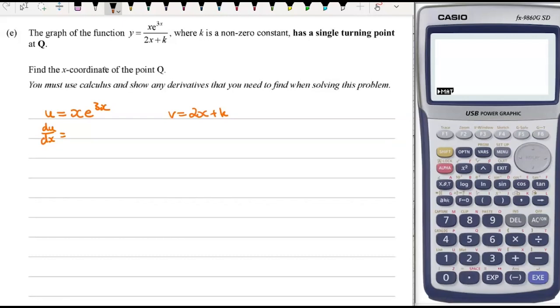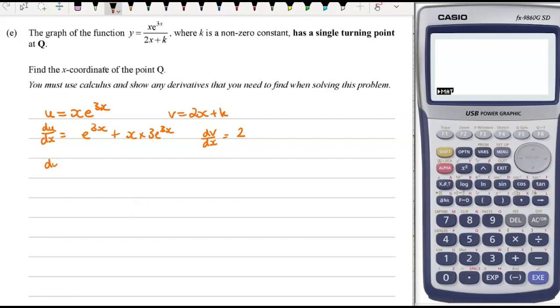So differentiate the first term is 1 and times e to the 3x, just leaves us with e to the 3x, plus leave the first term as it is and times by the derivative of the second. Okay, so then dv by dx is equal to 2. Remember, k is just a constant. We're told that in the question up here. So when we differentiate, that differentiates to 0.